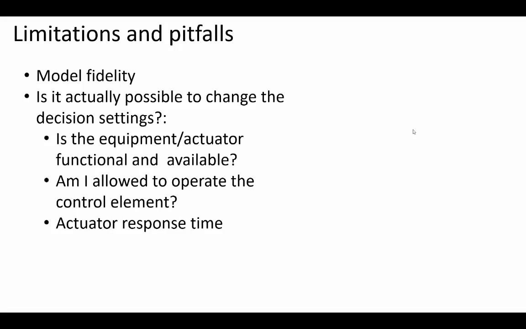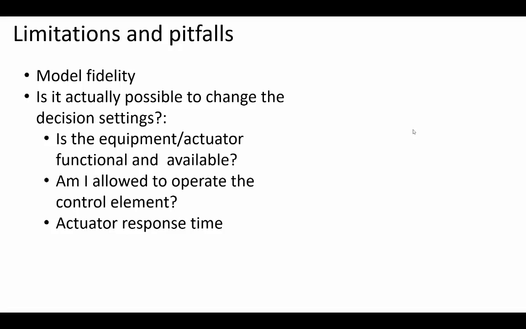So one thing before embarking on a production optimization project is to ask yourselves if it is actually possible to change the decision settings. Sometimes we say, well, we want to change this choke, or the frequency of the pump, or the routing of a well. But it might be that the equipment actuator is not available or is not functional, or that I'm not allowed to change that setting.